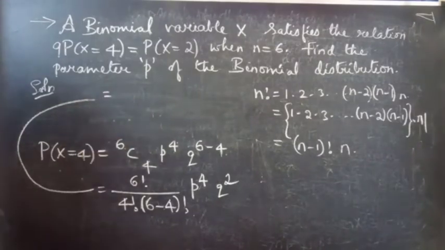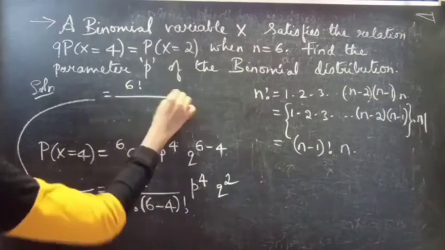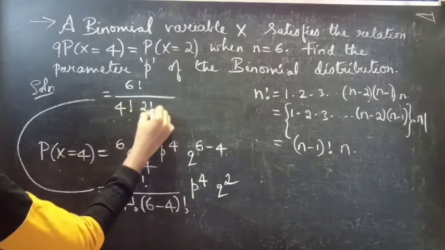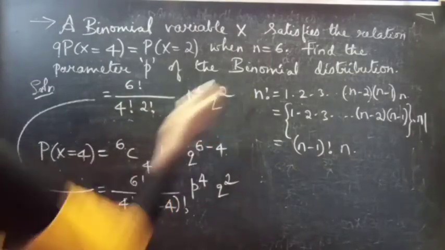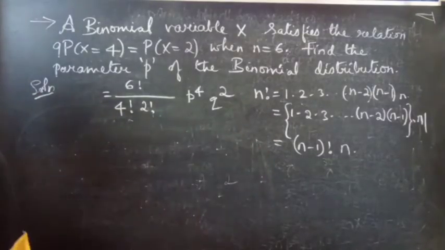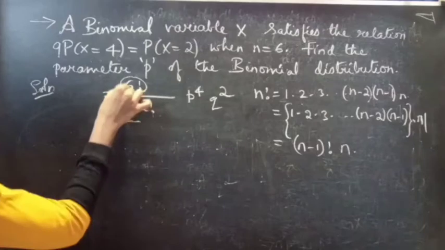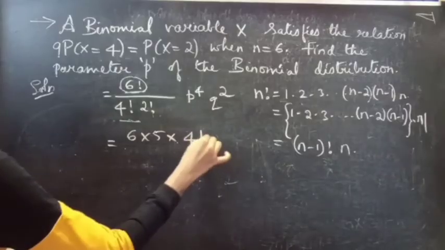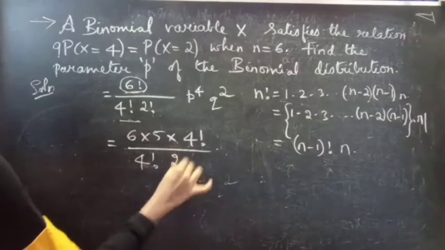So this is equal to 6 factorial by 4 factorial, and you'll get 6 minus 4 is 2 factorial, into p power 4 into q square. See, in the denominator you have 4 factorial, but in the numerator you have 6 factorial. So you can reduce the 6 factorial to 6 into 5 into 4 factorial by 4 factorial into 2 factorial.